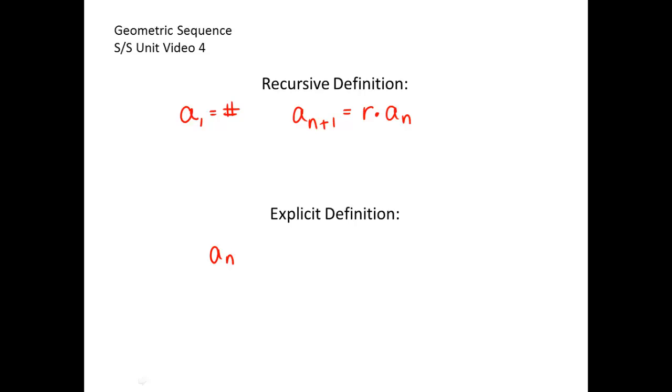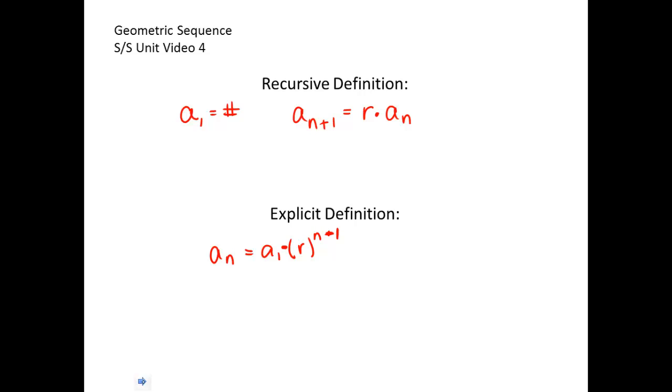It's the most commonly used formula. It is a sub n equals a sub 1 times r, which I'm going to put in parentheses, to the n minus 1 power. So a sub 1 times, not addition, but multiplication, r to the n minus 1 power. I'm choosing to put it in parentheses in the event that my r is a fraction, so that I raise the entire fraction to that exponent in my calculator.